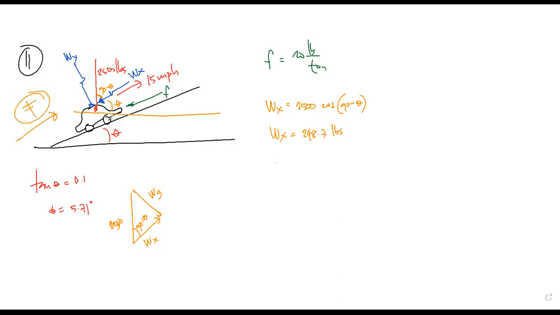Okay, so the resistance, or the total force that needs to be exerted by the vehicle in order to move must be greater than the total opposing force, no? So the force needed is equal to the sum of the x component of the weight, so that's 248.7 pounds, plus the resistance, so that's 20 pounds per ton.